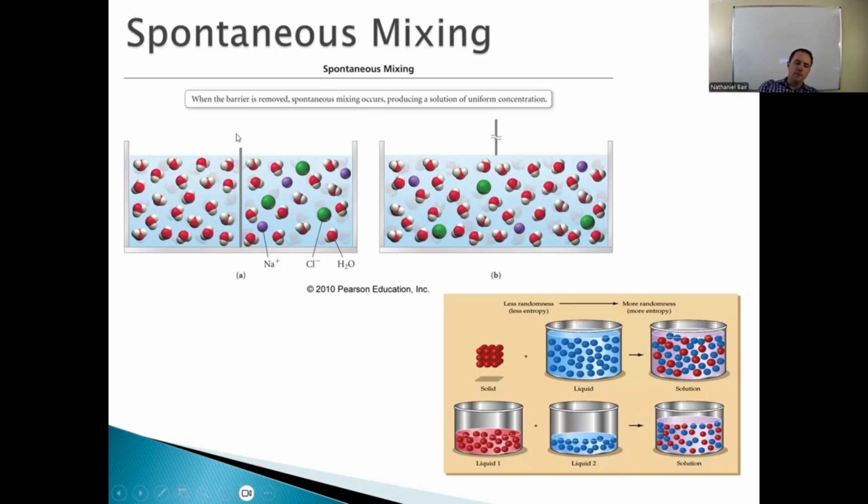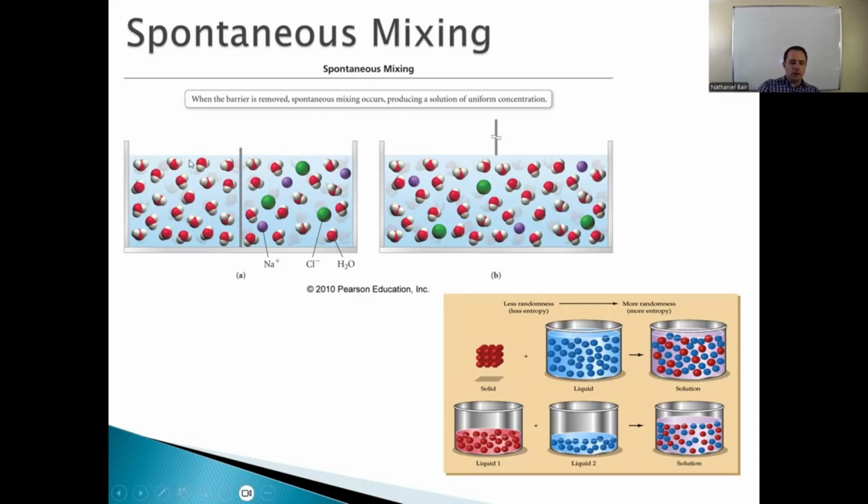For example, if I have this container with this divider in it, on one side is pure water, on the other side is a saltwater solution. If I remove the divider, over time, eventually the sodium chloride solute will spread out so that this is of a uniform consistency.